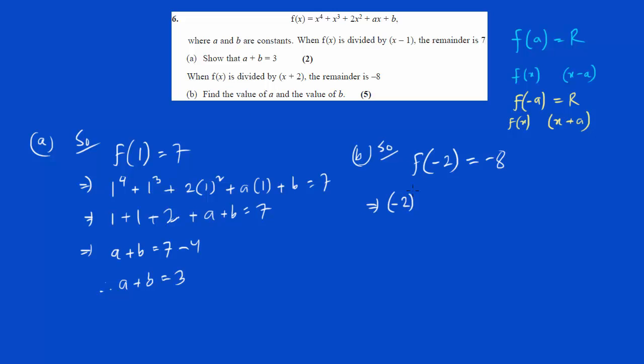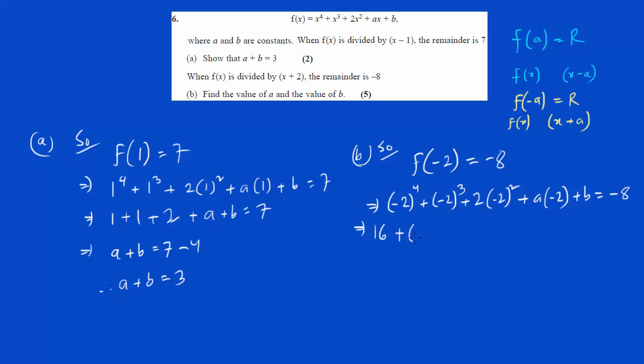So x to the power 4 means minus 2 to the power 4, plus minus 2 cubed, plus 2 times minus 2 squared, plus a times minus 2, plus b equals minus 8. So we will have 16 plus minus 2 cubed.